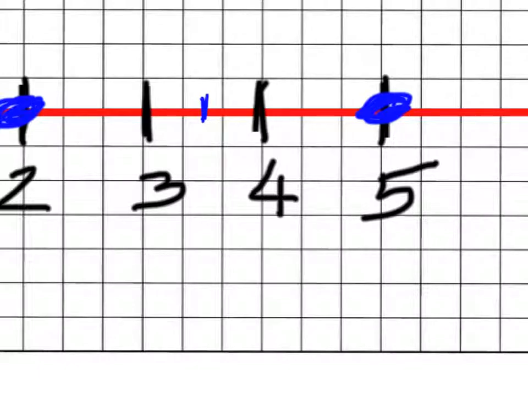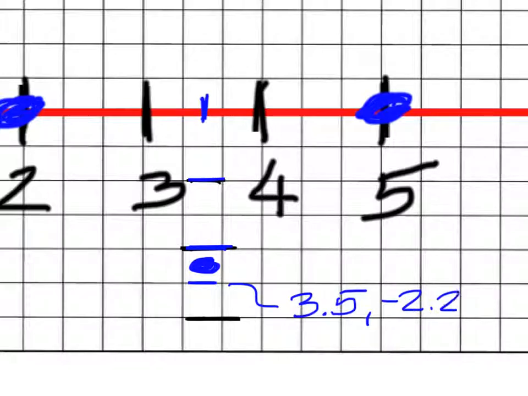We need negative 2 1/4. Here is negative 1, negative 2. That's negative 2 1/2. So negative 2 1/4 is right in there. That is 3.5, negative 2.25 for the vertex.